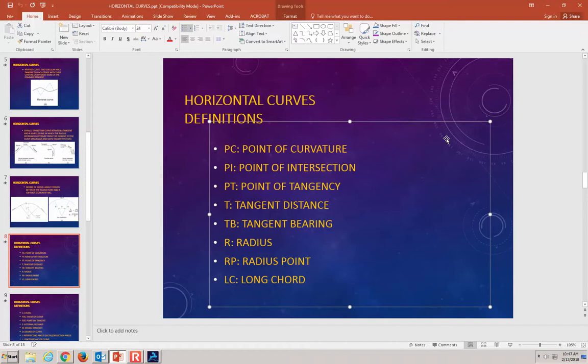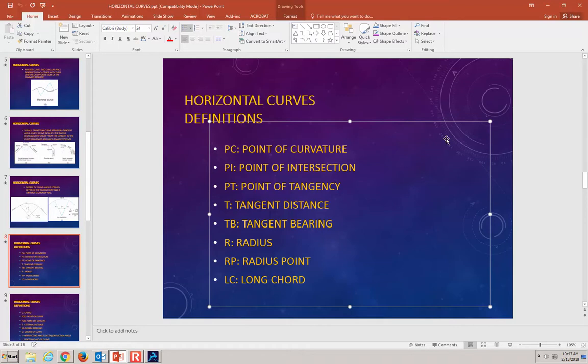T is the tangent distance. Anytime you see T in a formula, it's the distance of the tangent. TB is the tangent bearing. R typically is the radius of the curve. RP is the radius point, the center point of that curve, or arc.